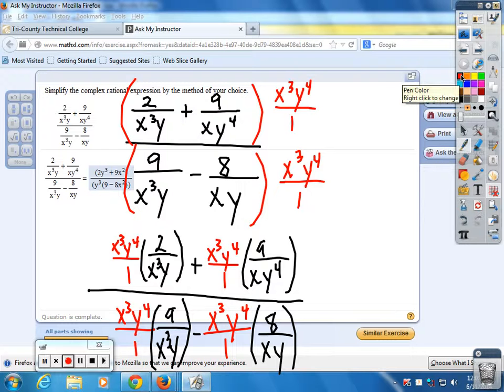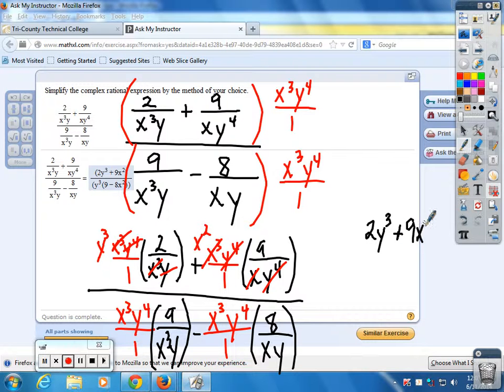And we're going to take our handy dandy red marker. What happens to the x cubes? And one of the y's makes this a y what? That cancels that, makes a square, and the y's to the fourth cancel. So that gives us 2y cubed plus 9x squared.